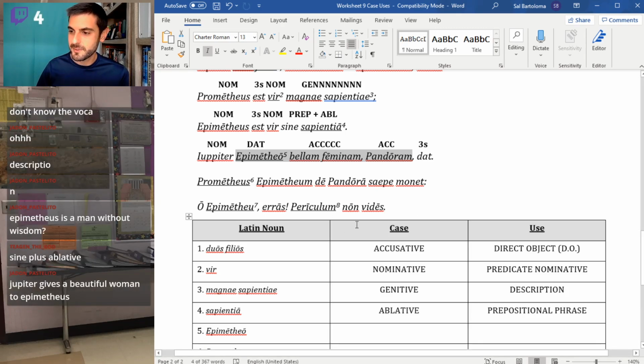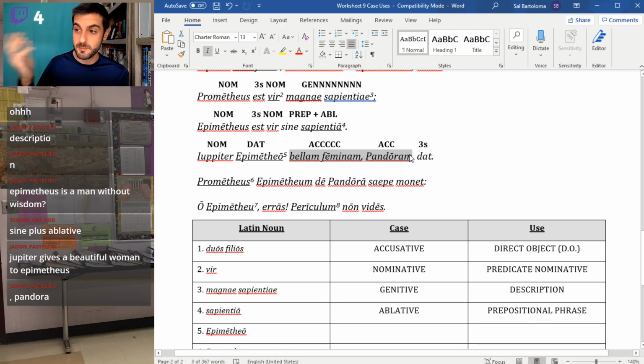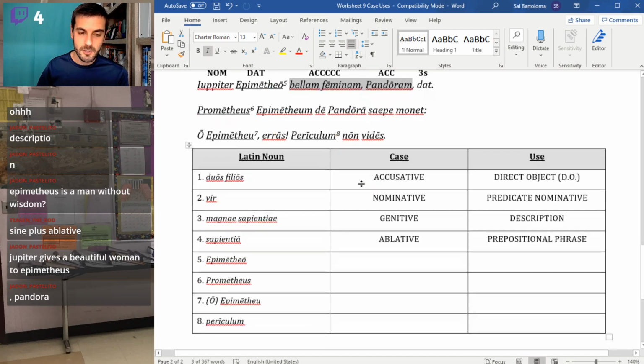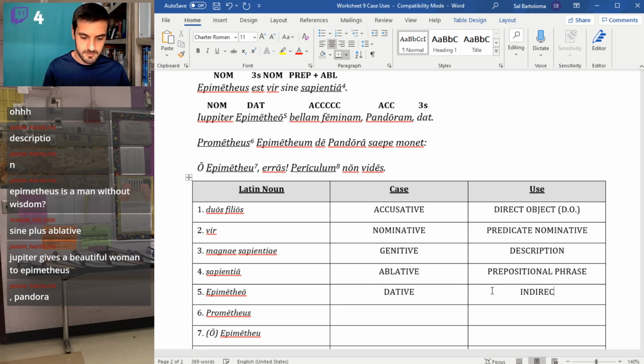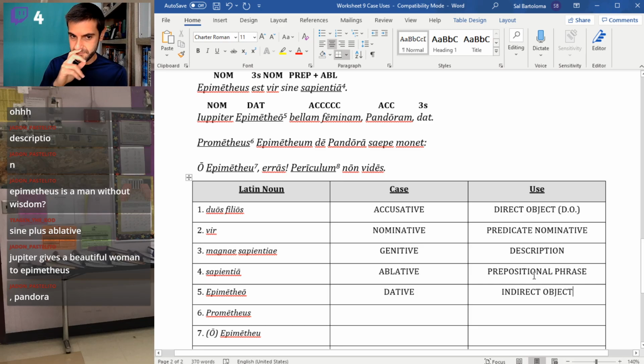There we go. Gives a beautiful woman to Epimetheus. Fantastic. So we give an accusative, and her name is Pandora, right? And that's why she's also in the accusative, because she is the beautiful woman. So Jupiter gives a beautiful woman, Pandora, to Epimetheus. So Epimetheus in the dative case, because he's the indirect object, right? Jupiter is giving this woman to Epimetheus.